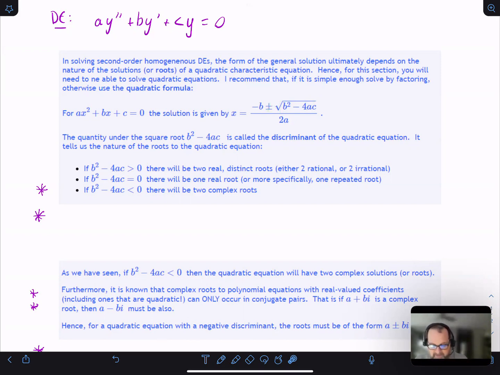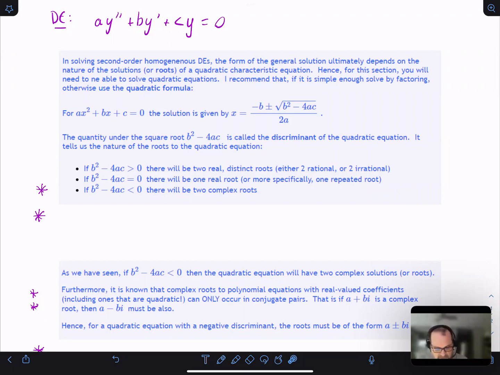This is why we have two different solutions. So when b squared minus 4ac is positive, we get two real distinct roots. They might be integers, they can be rational numbers, they can be irrational numbers, but you get two distinct real roots. In that case, we were able to form solutions.